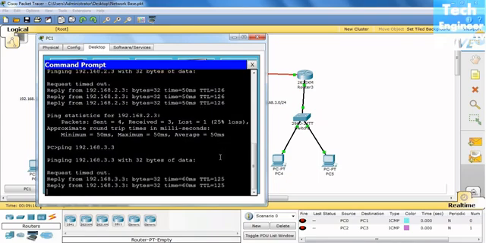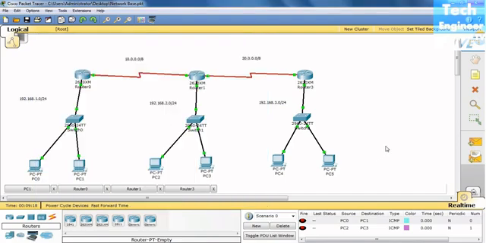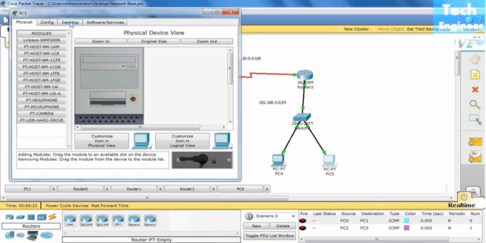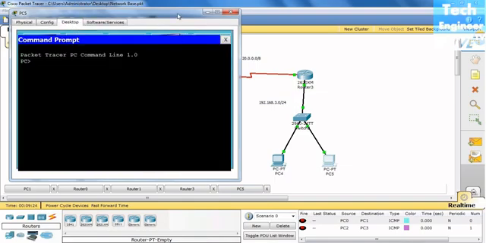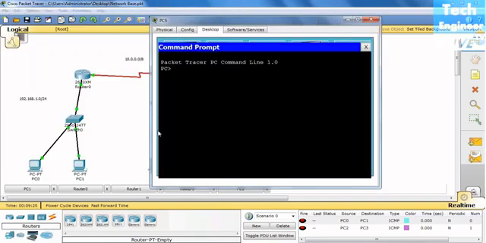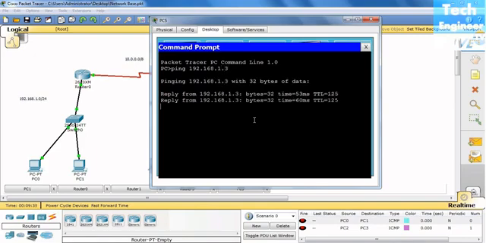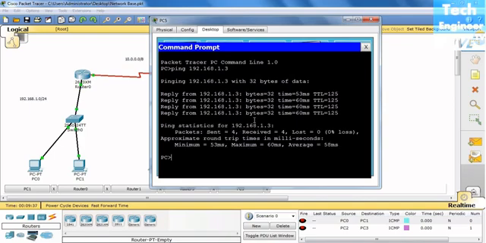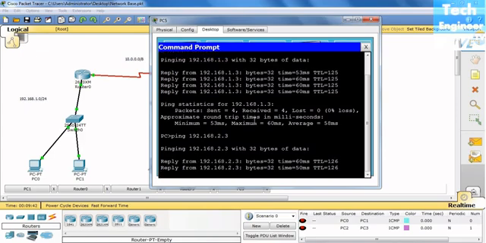Yes. Here we go. Here we go, 2.3 pinging.